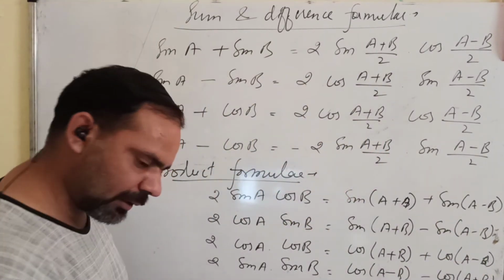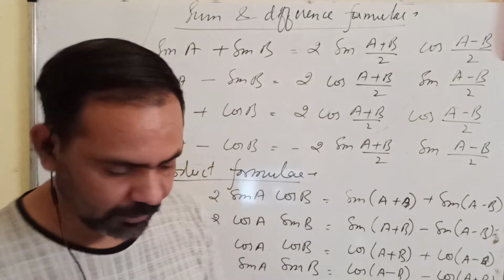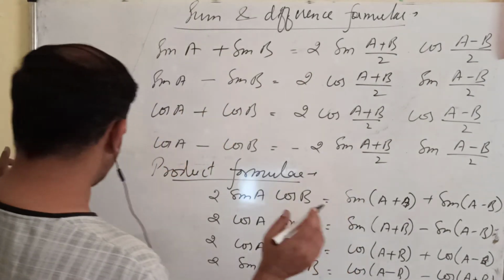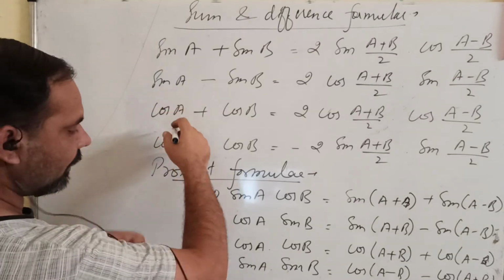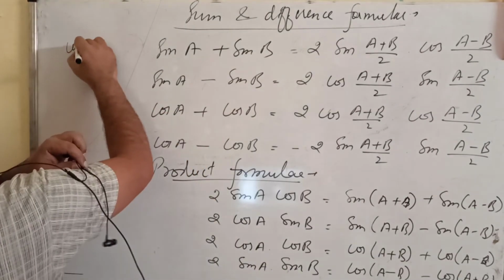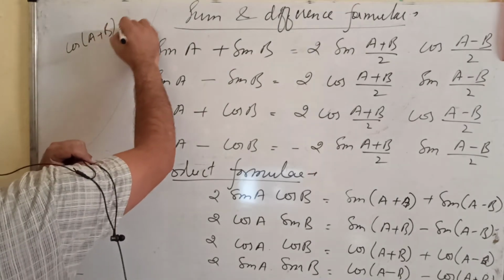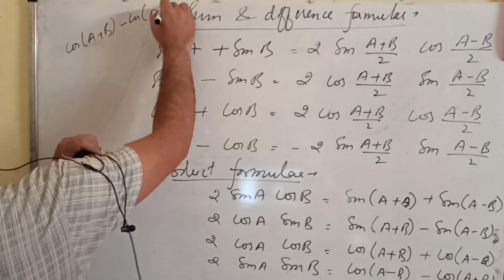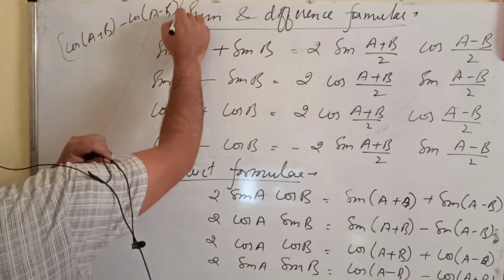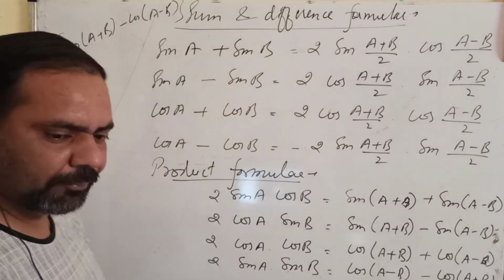It will be like this. I am writing here: cos A plus B minus cos A minus B, and you will have to multiply this with a minus sign.